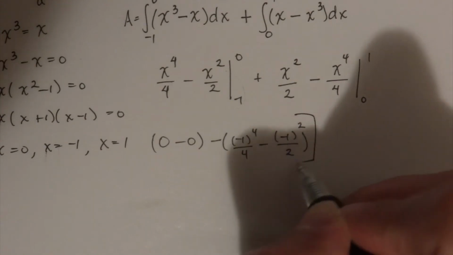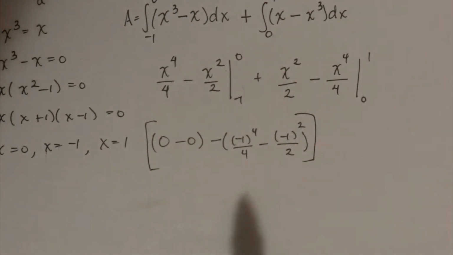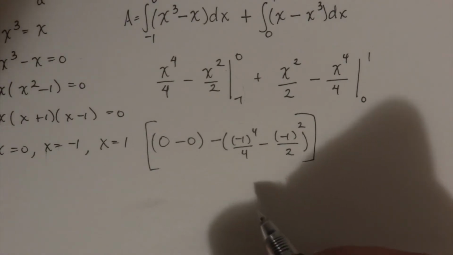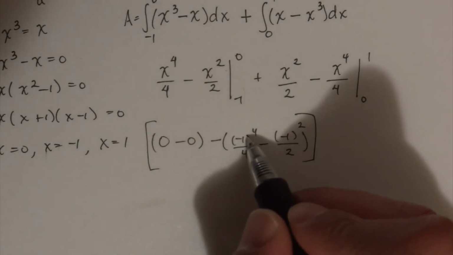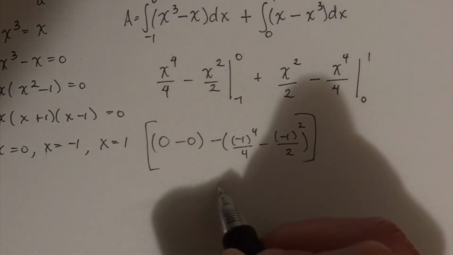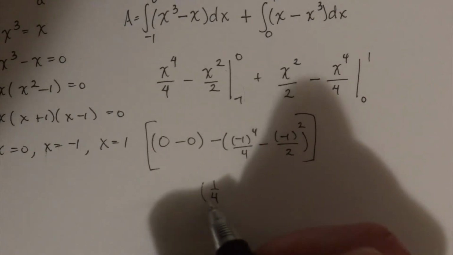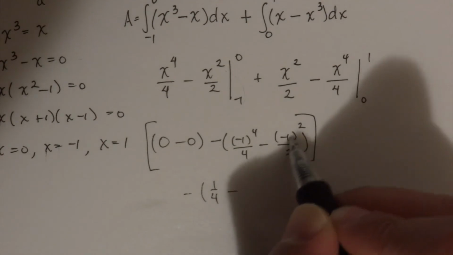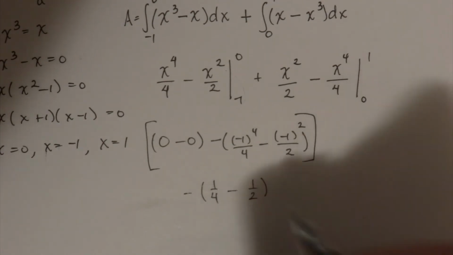Okay, now all of this is the first integral, this part here. And I'm just going to go ahead and do this part. Negative 1 to the 4th is 1/4. So that's 1/4. I'm just going to keep that negative out there for right now. Minus, this becomes positive 1/2.